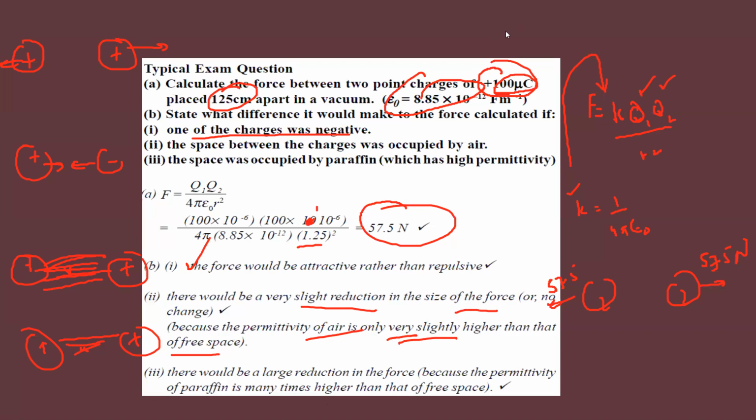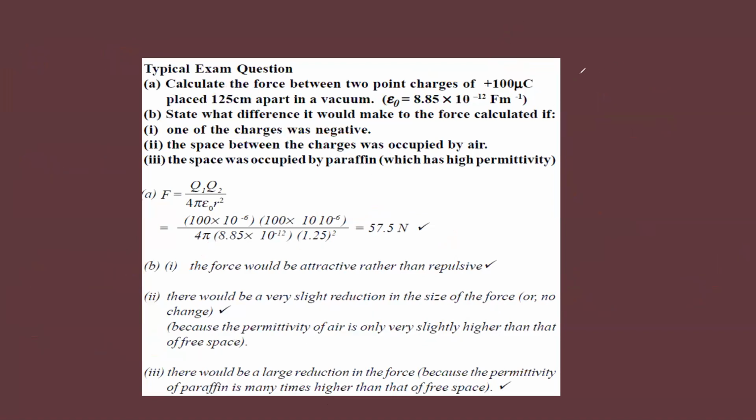When you check F = K Q1 Q2 over R squared, K is equal to 1 upon 4 pi epsilon.